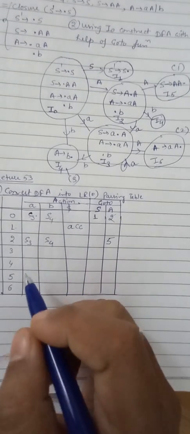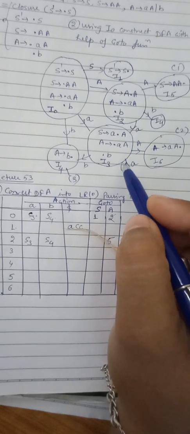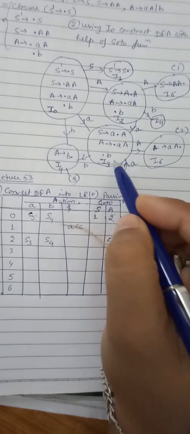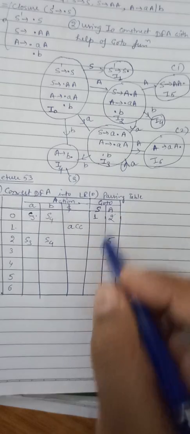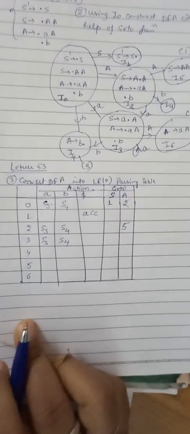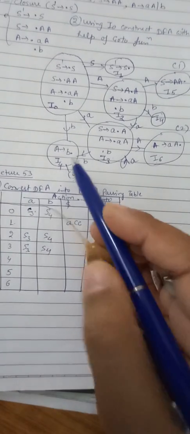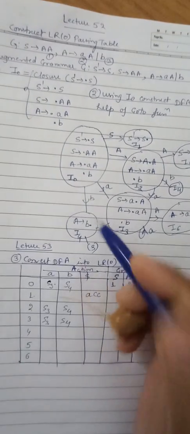After that, we come to the third state, I3. From I3, for terminal A we go to the same I3, and for B we go to I4. So same thing, S3, S4. Fine. Now move to the fourth state, I4. What happened at I4?